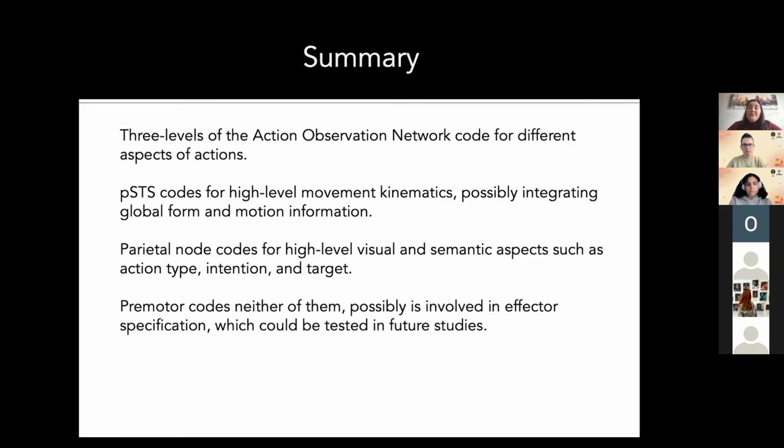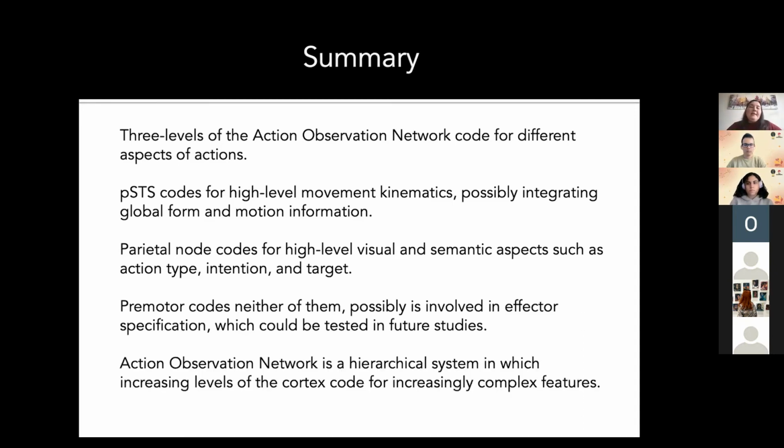And premotor codes neither of them, possibly being involved in effector specification, which part of your body you are using when processing actions, which could be tested in future studies, because in our movies, all actions were performed with a hand. And the action observation network seems to be a hierarchical system in which increasing levels of the cortex code for increasing complex features. So I think this is the take-home message from this pattern analysis study.